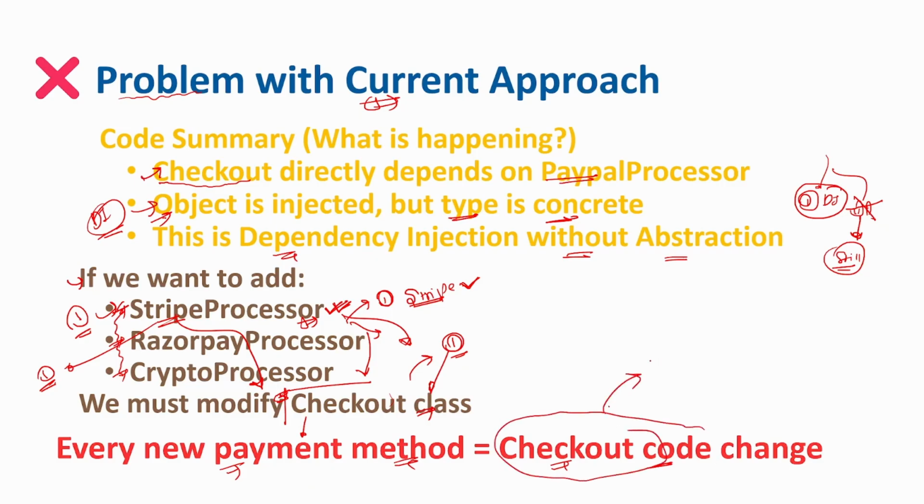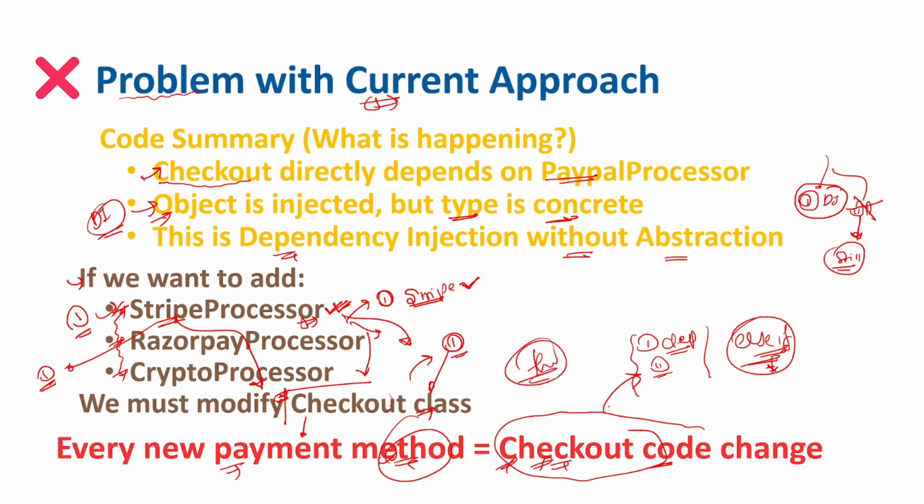So every time we add a new one, first we have to add the new dependency into the constructor and do the constructor injection, and then we have to write the else if statement to check which payment option the user has chosen. Every time we add a new payment method, there is a need to change the checkout code. This is an example of tight coupling, where the checkout class directly depends upon the payment methods. This is the problem in our code.